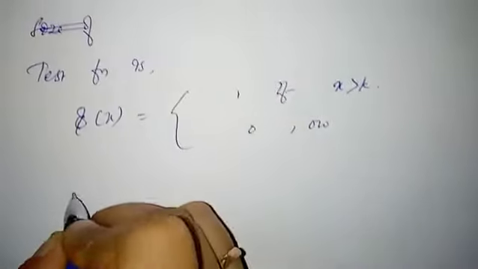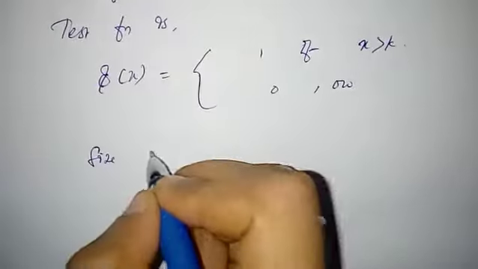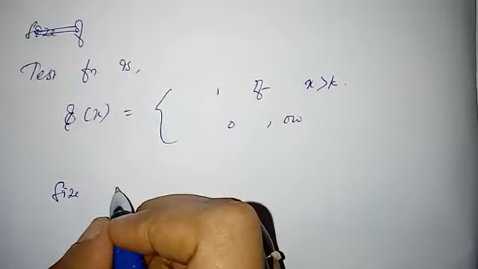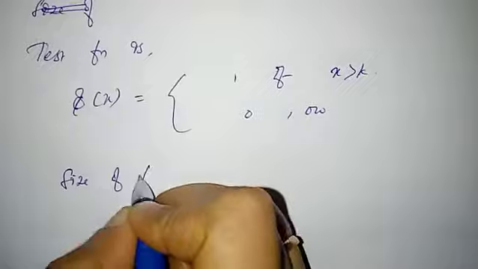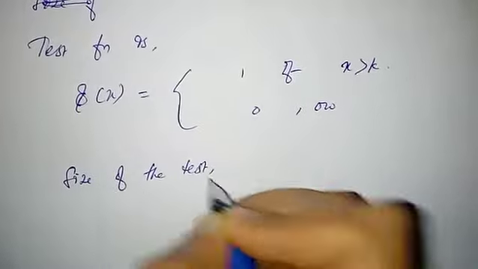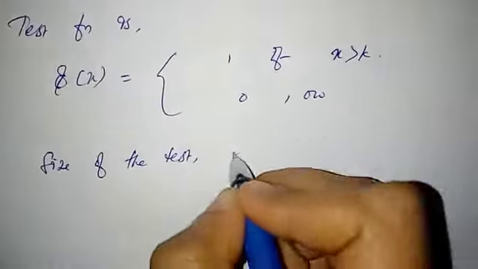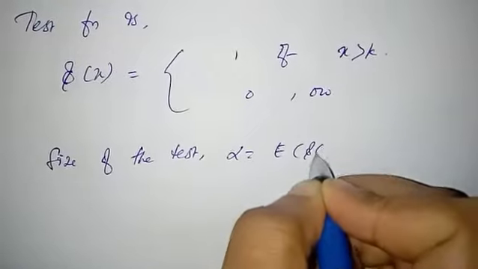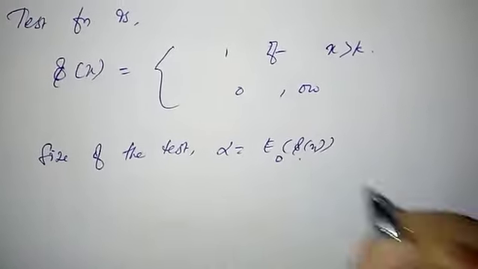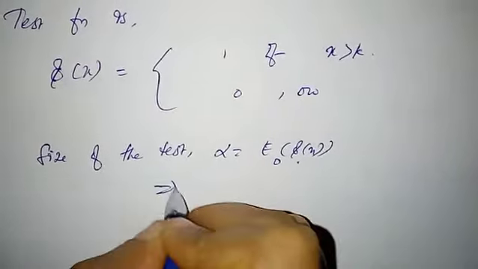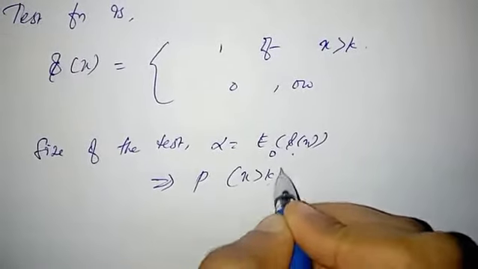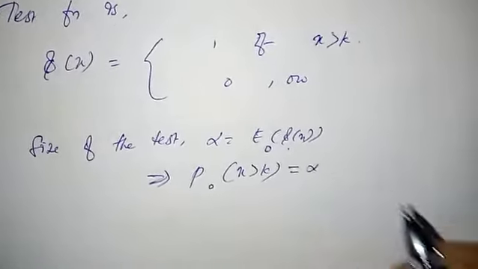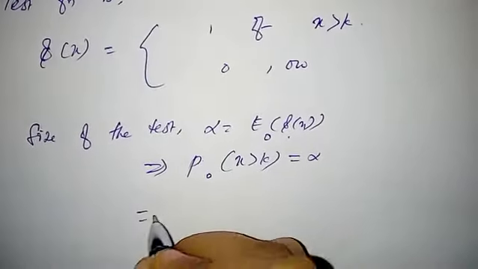Then using that we obtain the value of k. First we find the size of the test: alpha equals expectation of phi(x) under H0, which implies probability of X > k under H0 equals alpha.